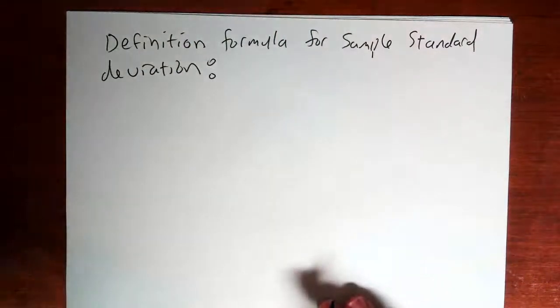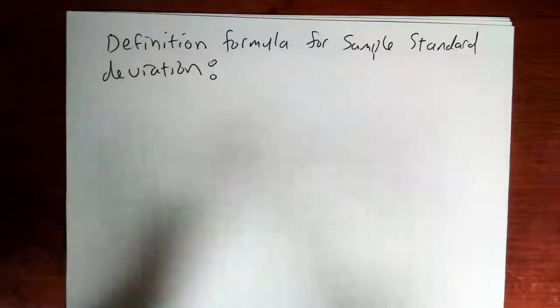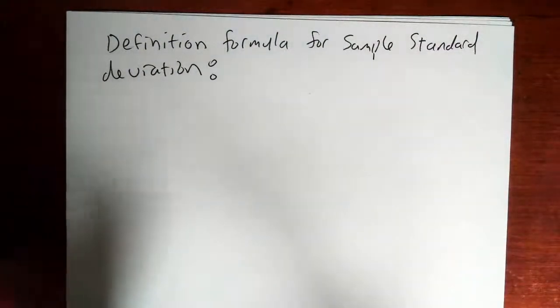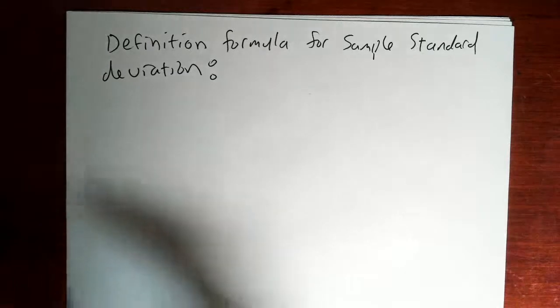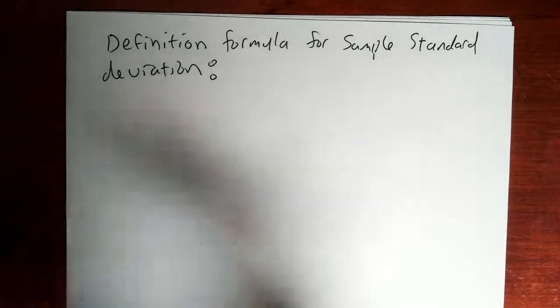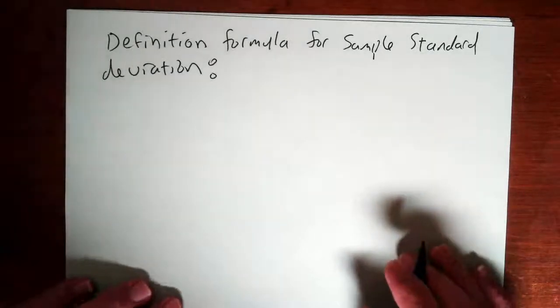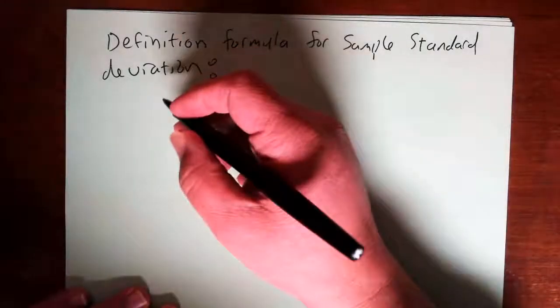So this is the definition formula. In another set of videos, I'm going to teach you the computation formula for calculating the sample standard deviation. But first, we're going to learn this formula, and this is the definition formula for the sample standard deviation.